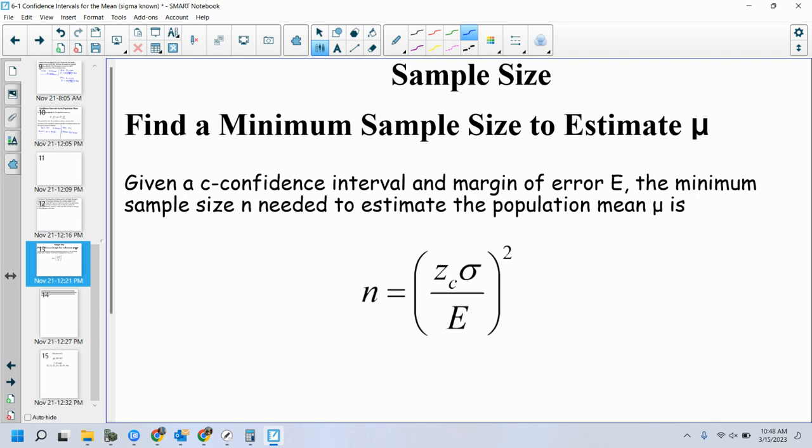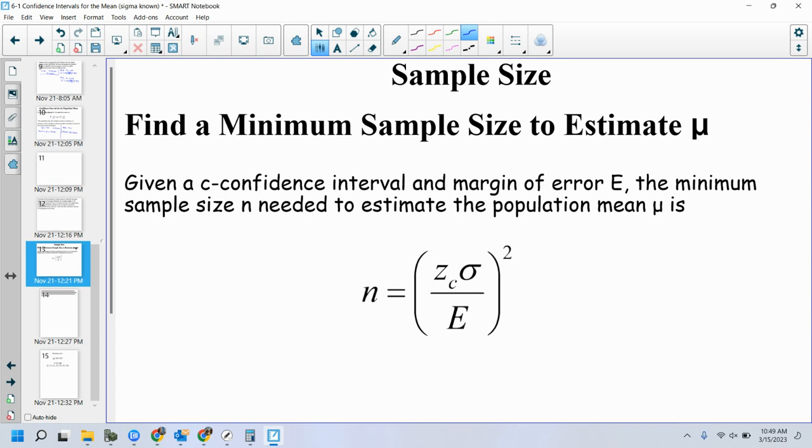Okay, so this is saying, if I really want to estimate my population, what is the sample size that I would need? This is a really important piece of information here.